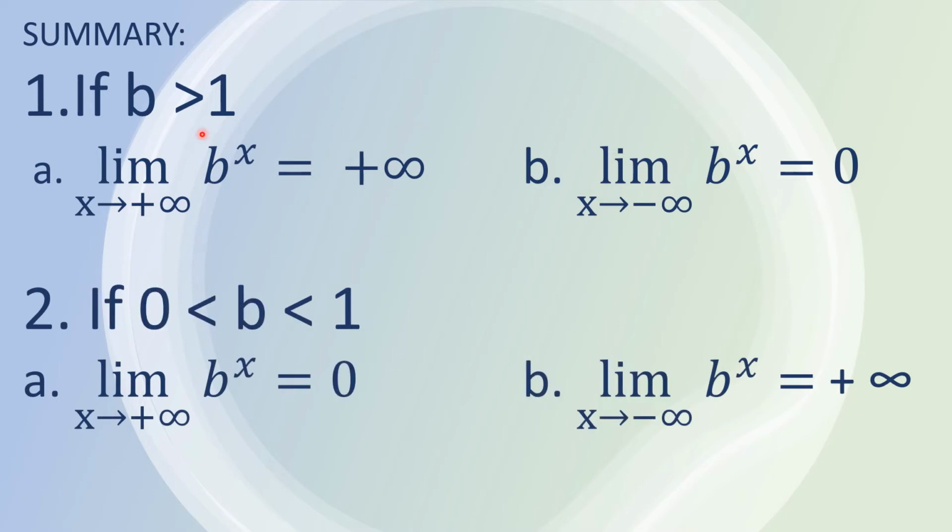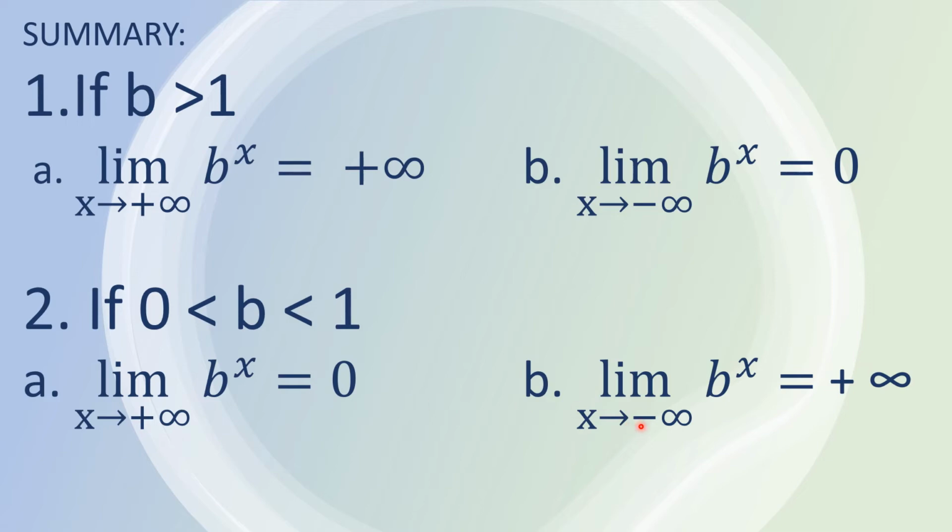If b is greater than 1, so katulad kanina ng 2, 3, 4, 5, tapos approach siya ng positive infinity, ang answer ay positive infinity. Pero pag approaches to negative infinity, 0. Pero pag ang b naman, class, is less than 1 but greater than 0, like 1/2, 1/3, 1/5, 2/3, 7/9, pag nag-approach sa positive infinity, the answer is 0.